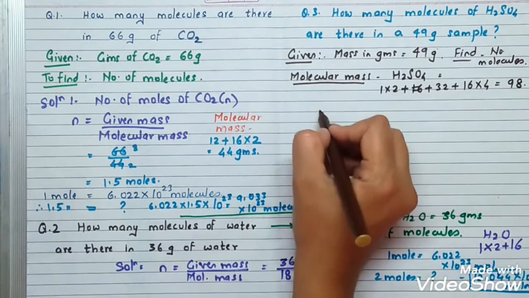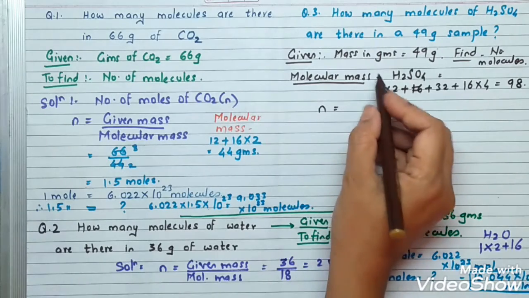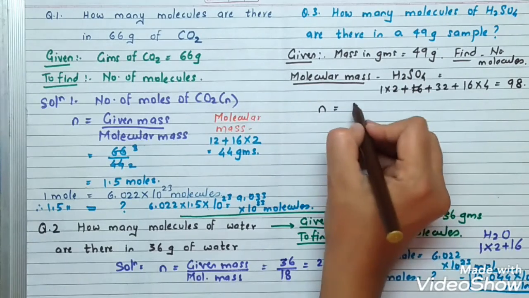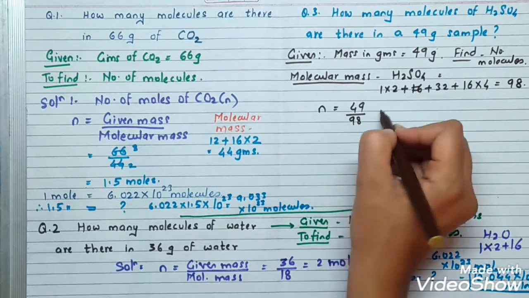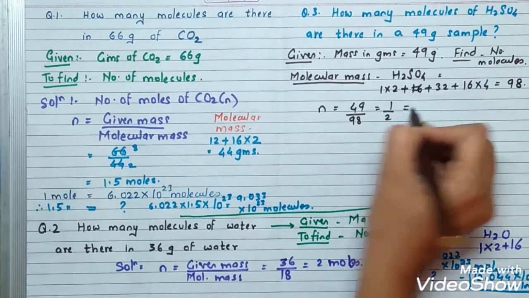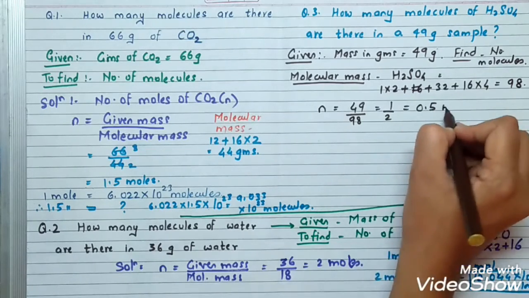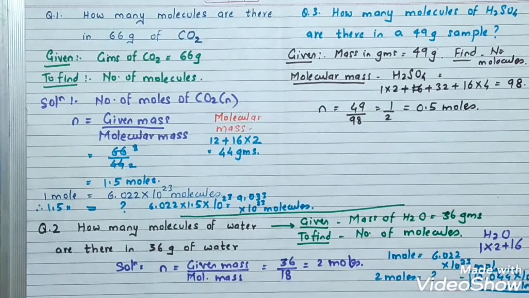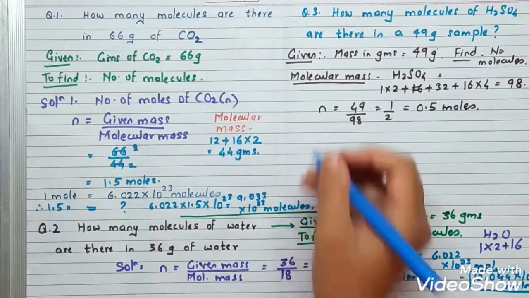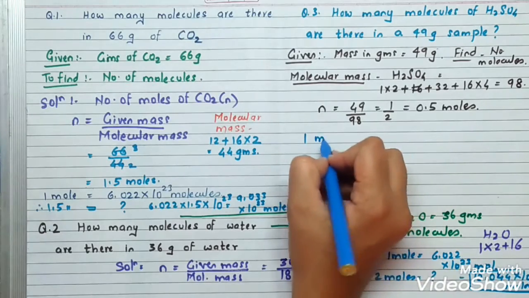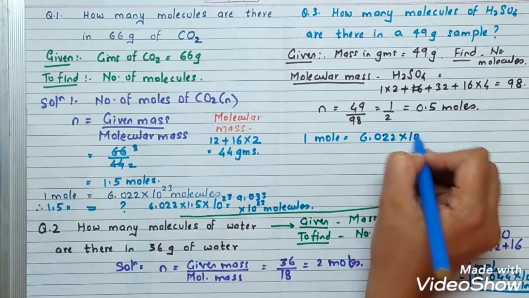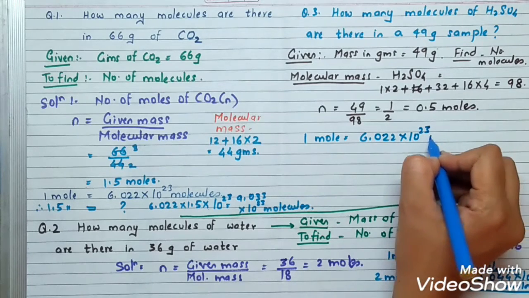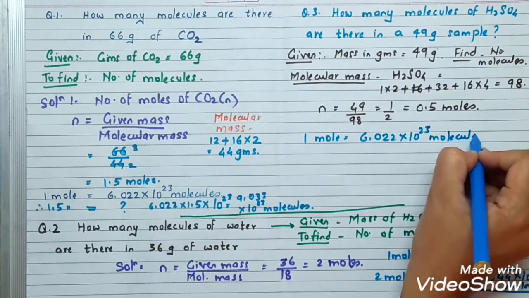Now take the formula. N is equal to, what is the given mass? 49. What is the molecular mass? 98. So this will be 1 by 2, that is 0.5 moles. Again, 1 mole is 6.022 into 10 raised to 23 molecules.